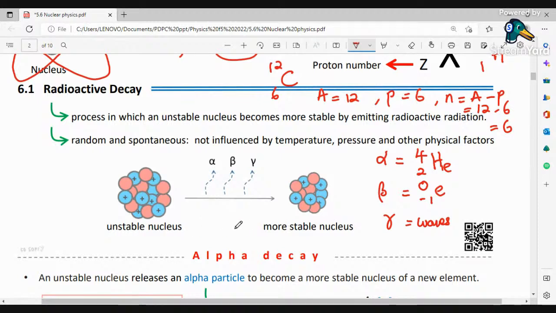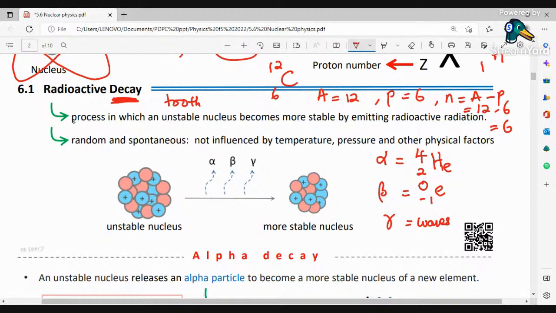So what is the meaning of radioactive decay? Very simple example macam tooth decay, tahu tooth decay, gigi. Kalau you tengok orang muda dengan orang tua, you boleh tengok gigi orang tua semakin kecil dan panjang.